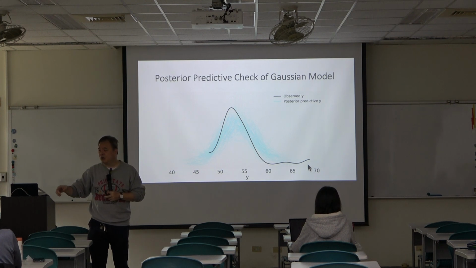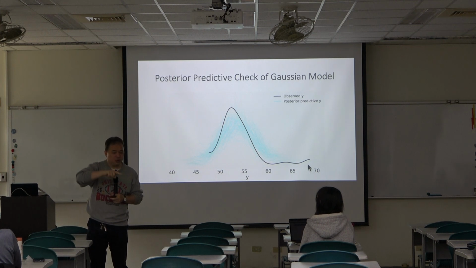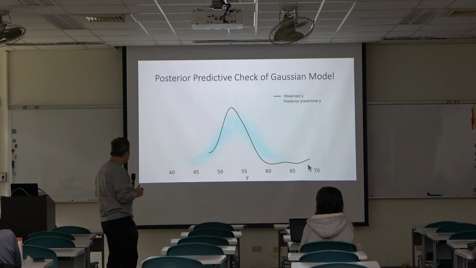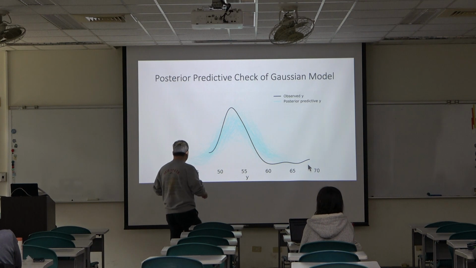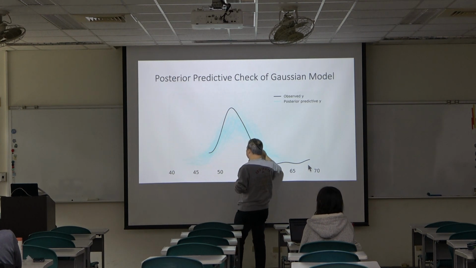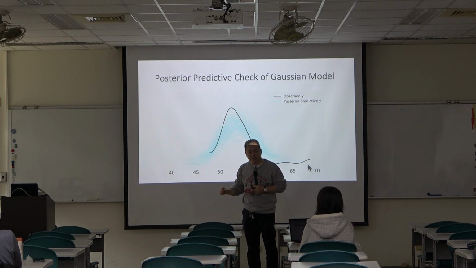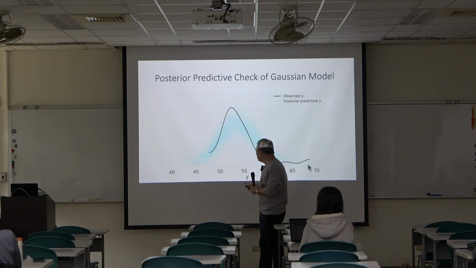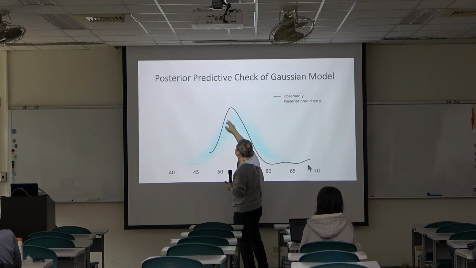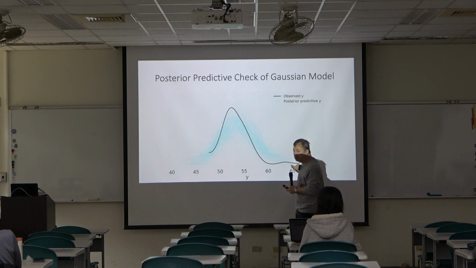Once you have sampled your sigma and your mu from the likelihood, and you draw your data into a line, it is always going to be a bell shape. And the original data, you have two outliers here.